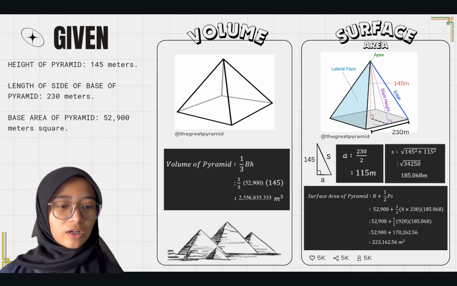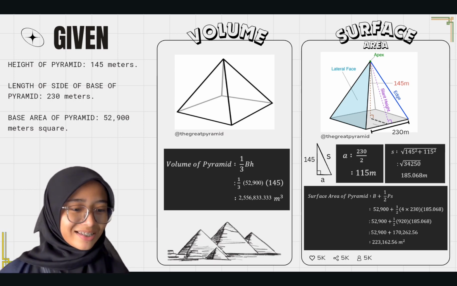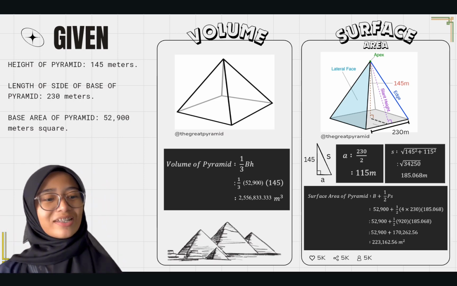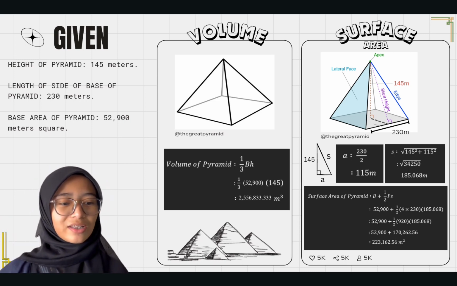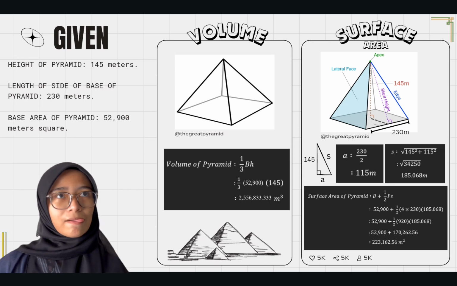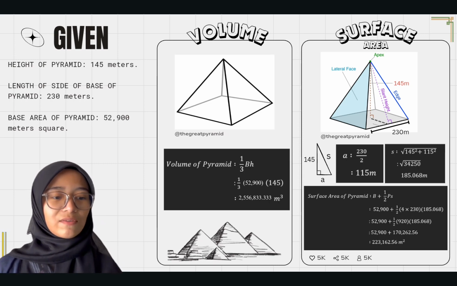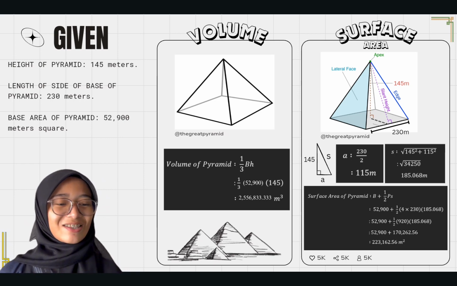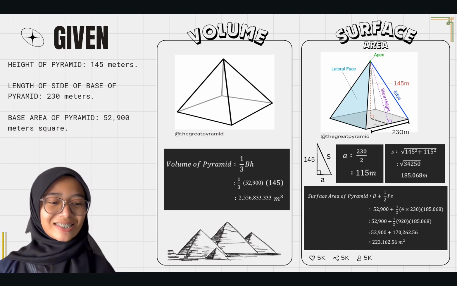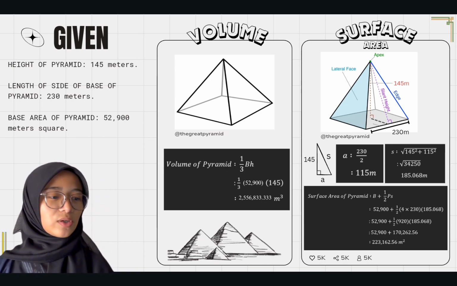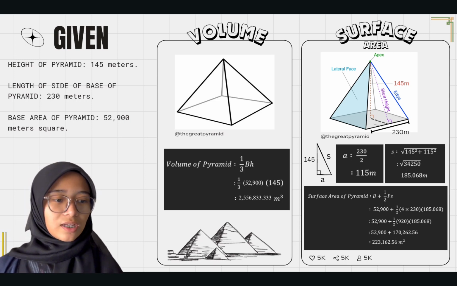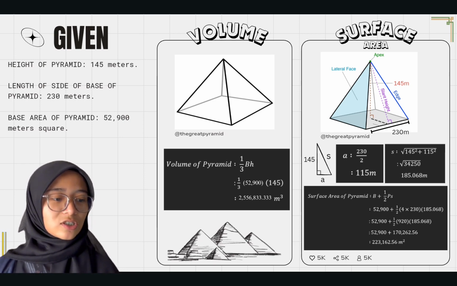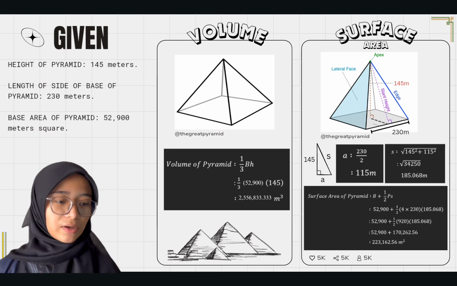So how to find it? Square root of 145 squared plus 115 squared. So the answer is 185.068 meters. As we have found the A and S, we can find the surface area of the pyramid.